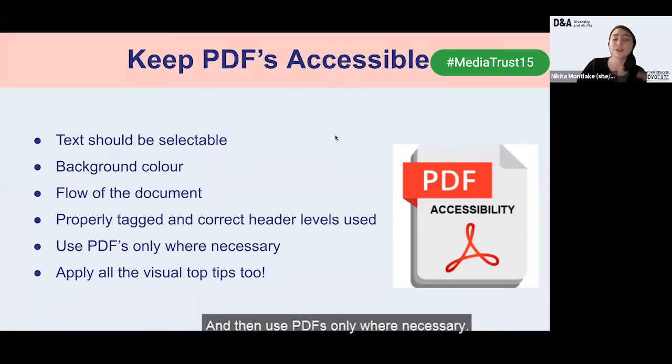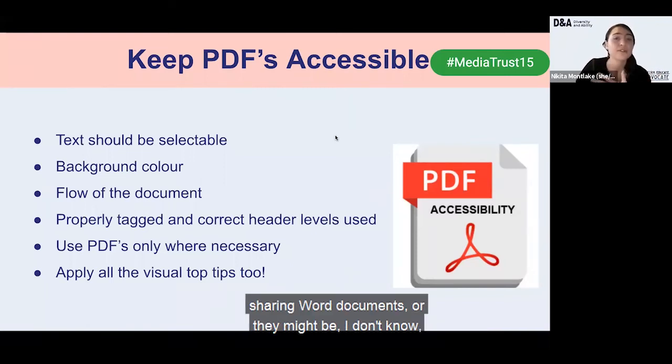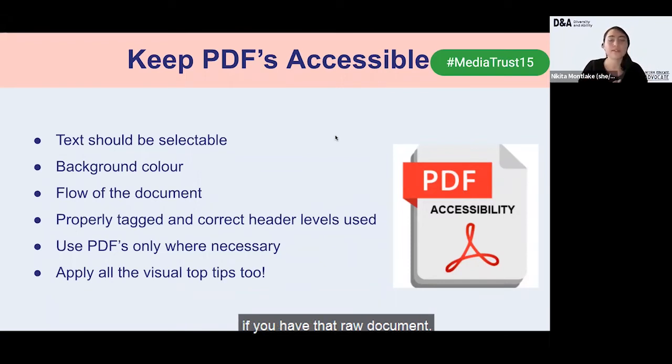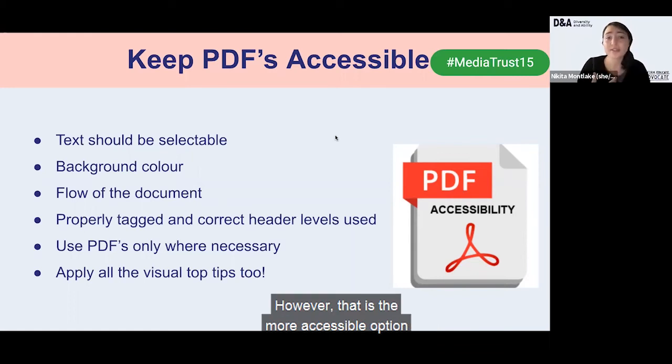And then use PDFs only where necessary. I know people feel quite uncomfortable sharing Word documents, or there might be some legal implications about sharing Word documents if you have that raw document. However, that is the more accessible option because people can then tailor those documents to their preferred background colors, font size and font choices.